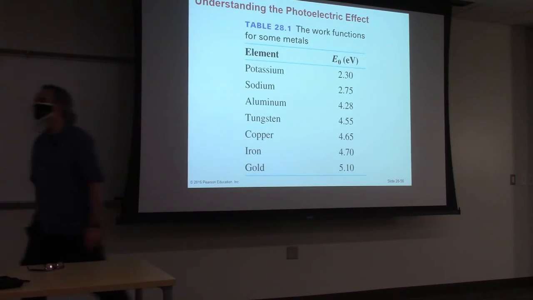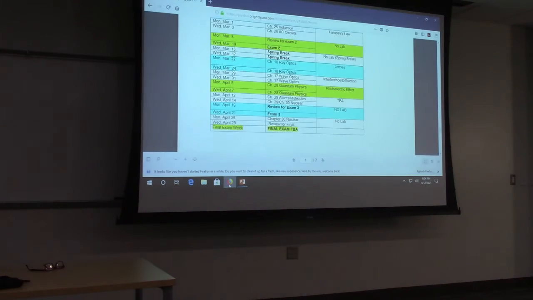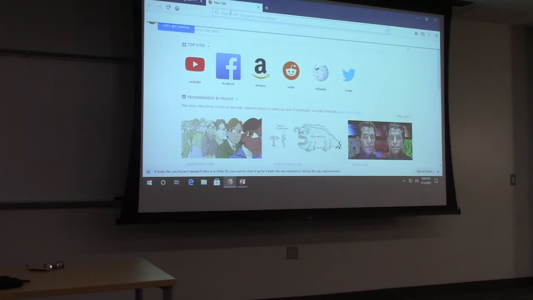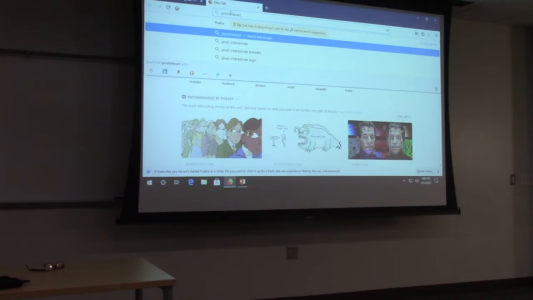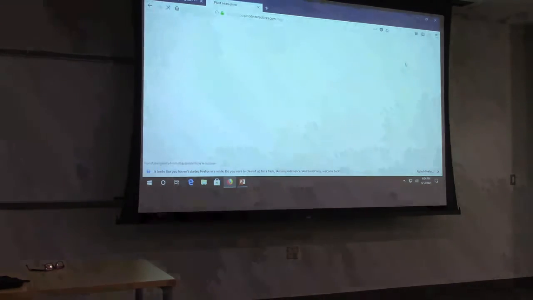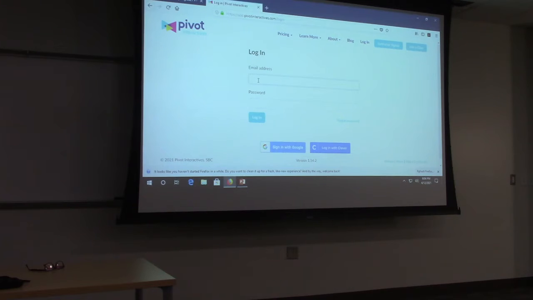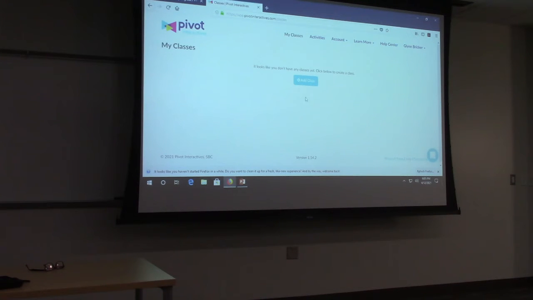One thing let me say about the lab. Let me load this up. Pivot. Yours will look a little bit different than this because you're not me. Let me go to a different browser.